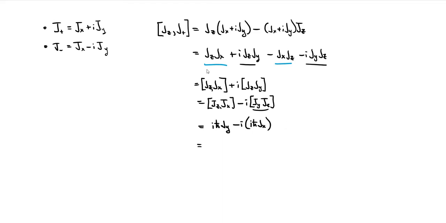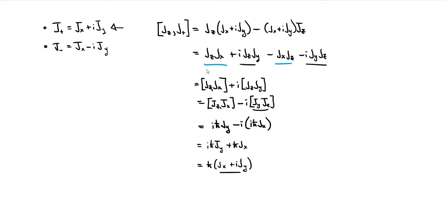If we then multiply that out, we have i h bar Jy. The negative with the i's there becomes plus h bar Jx. So if we factor out an h bar, we end up with Jx plus i Jy. And that's what we defined our J plus operator as.